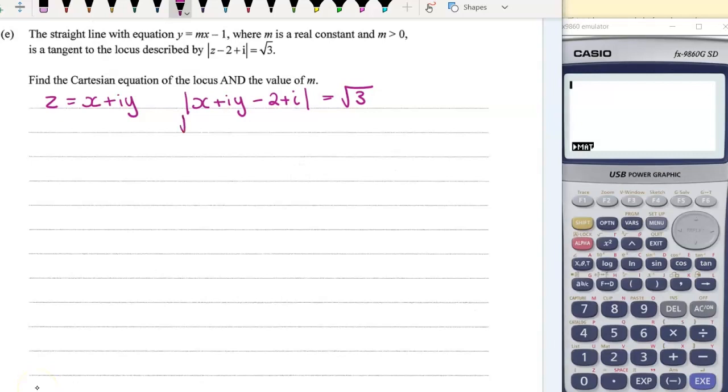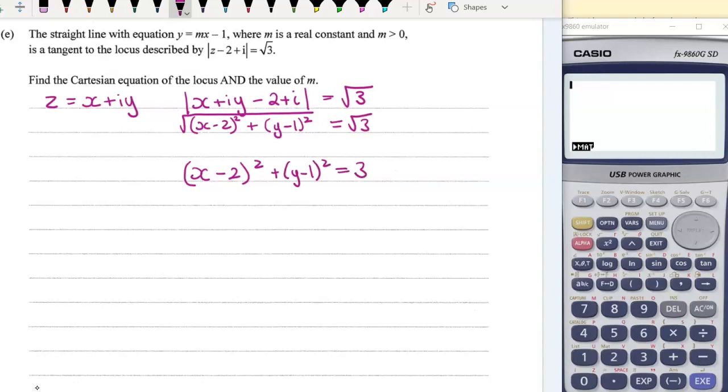Now modulus means we're going to do the square root of the real part, which is x minus 2 squared, plus the imaginary part, which in this case is y minus 1 squared. Add them together. Okay, so then that's equal to root 3. And what we have is x minus 2 squared plus y minus 1 squared is equal to 3.